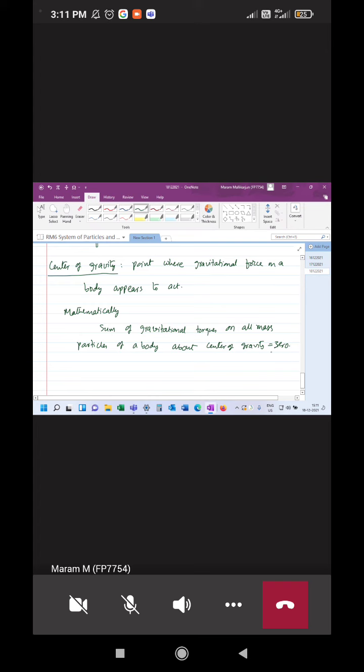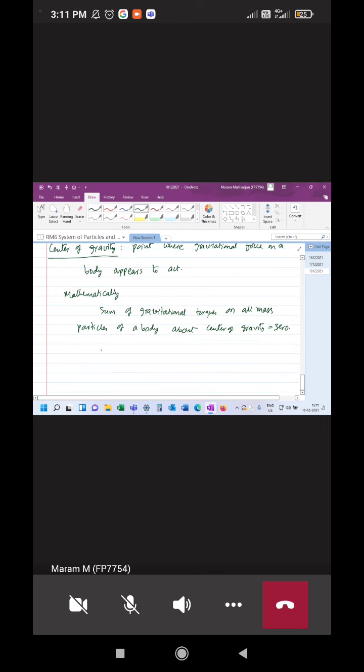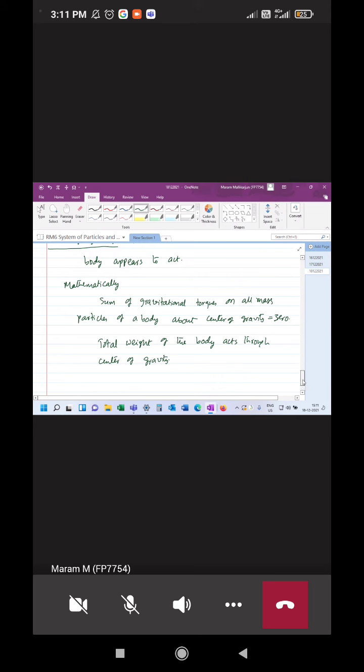In other words, the weight is supposed to be acting there. Total weight is nothing but the sum of the total gravitational force, isn't it? Equivalently, that is the center of gravity.